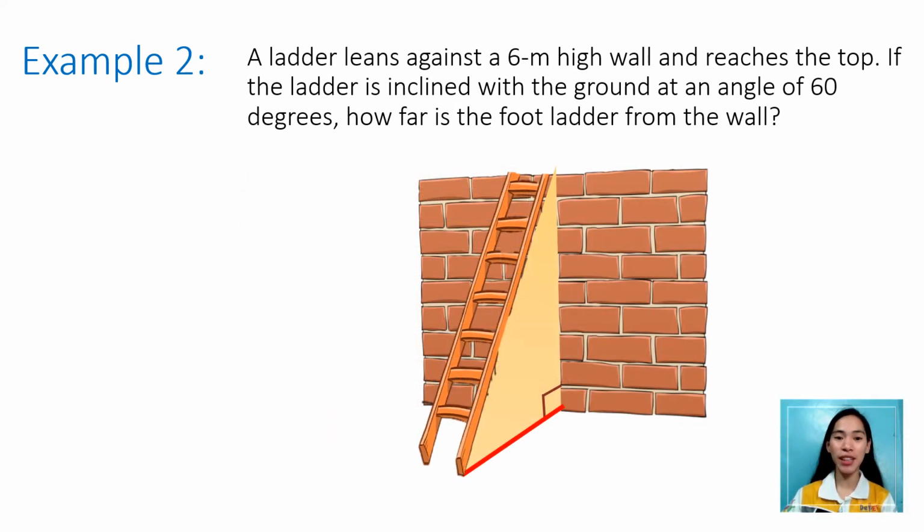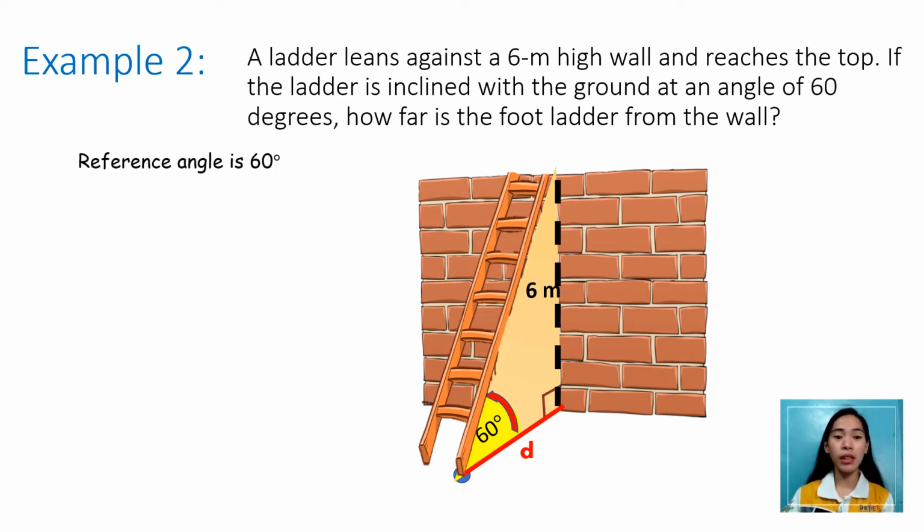Okay, so let's solve this. Again, our given here is 6 meters as the height of the wall and 60 degrees for the angle of elevation. And we let d be the distance from the foot of the ladder up to the wall.